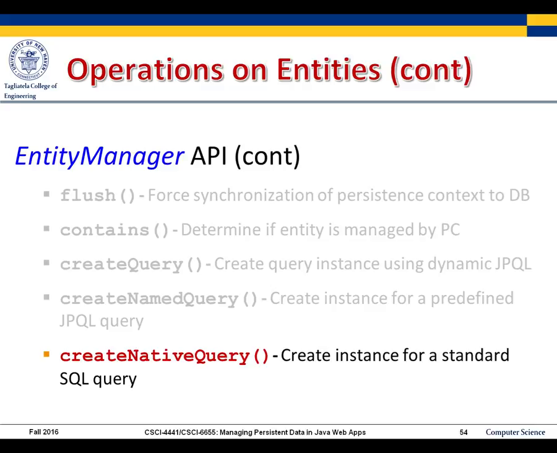Now, this JPQL is only one of two basic ways that JPA allows you to do querying and updates and inserts. The other one, I don't have enough time to get into it, but if you like a more Java style version, there's something called the Criteria API.